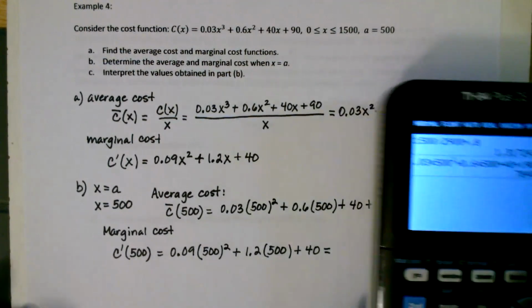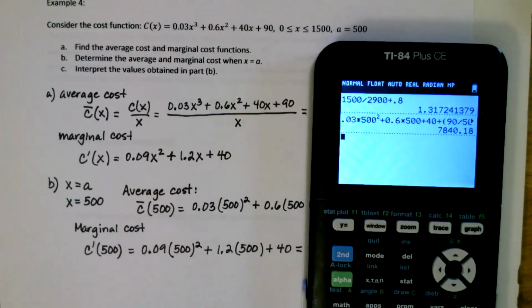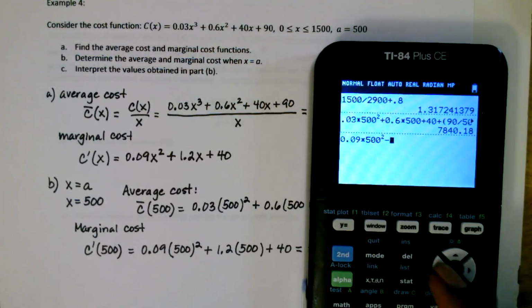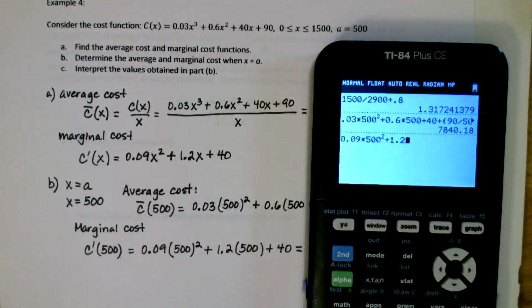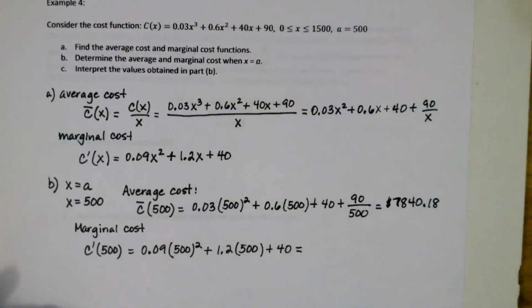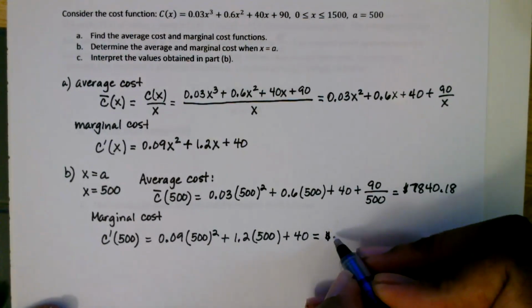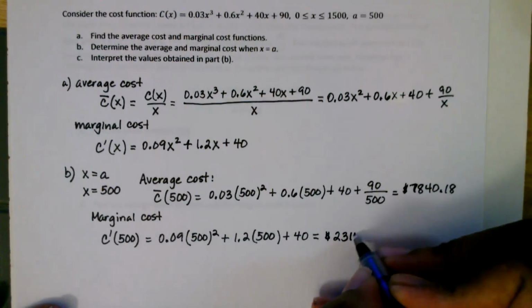So in this case here, 0.09 times 500, that's squared, not minus, plus 1.2 times 500, plus 40. And I get $23,140. So that means the marginal cost would be $23,140.